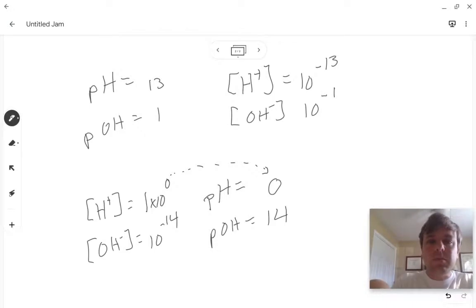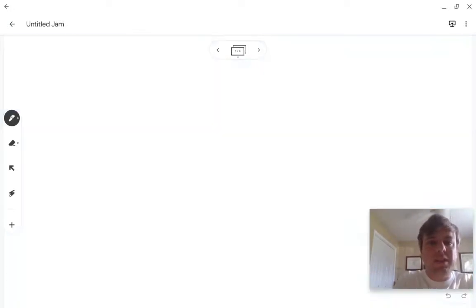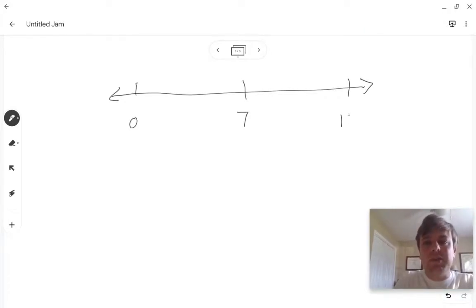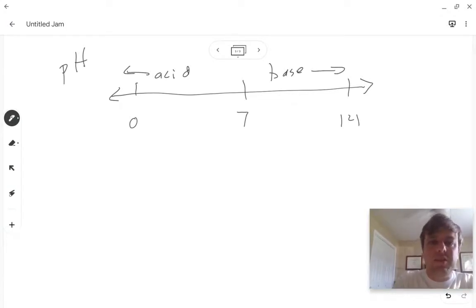So I can summarize this by looking at a pH scale. We'll put a 7, we'll put a 0, we'll put a 14. If this is a pH scale, then this range down here is acid. This range is base. And then 7, of course, is neutral. It's neither acid nor base.